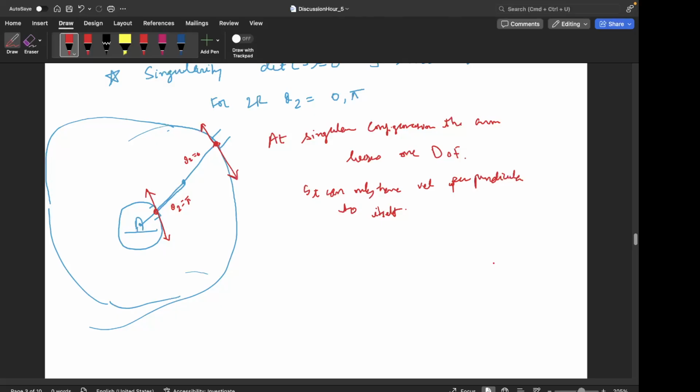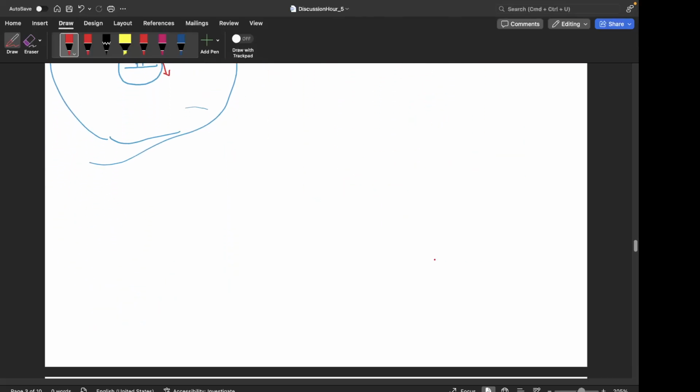Another important metric that we work with is based on the expression of the velocity. We have that the velocity is the Jacobian times the joint velocities, where the Jacobian is L1 S1 minus L2 S12, L1 C1 plus L2 C12, then L2 S12 and L2 C12.